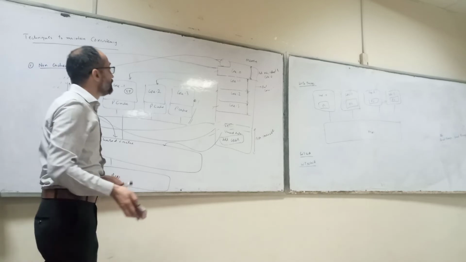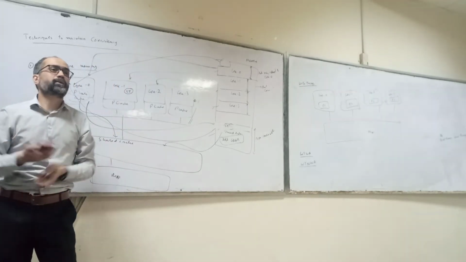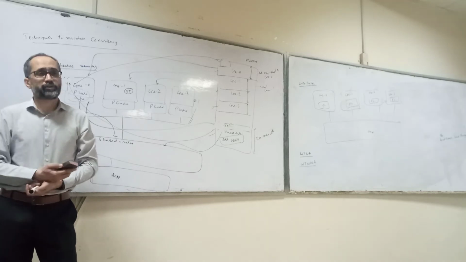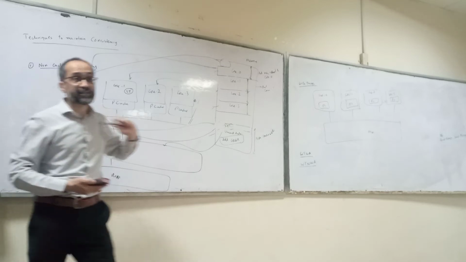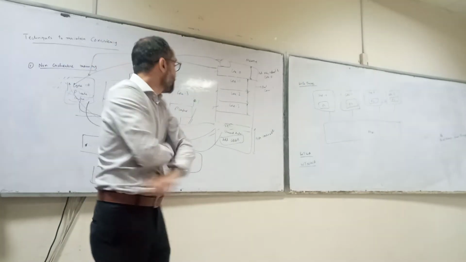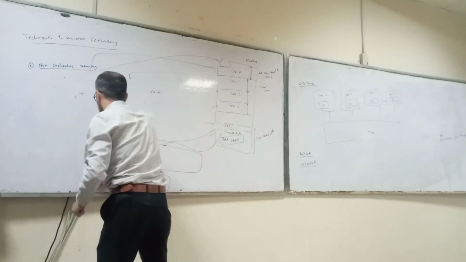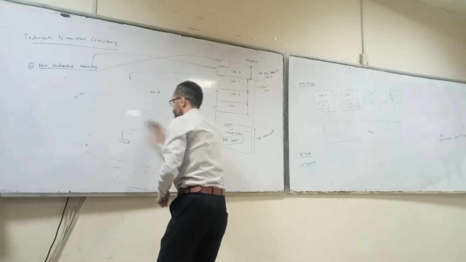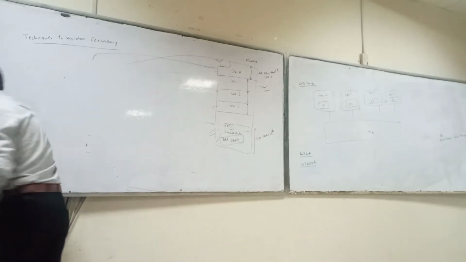Now, let's assume you have many cores, 16 cores or 32 cores, and you want to maintain the consistency measure across all the cores. It will become more complex. So sometimes you have different levels of cache hierarchy. One hierarchy can be like this.